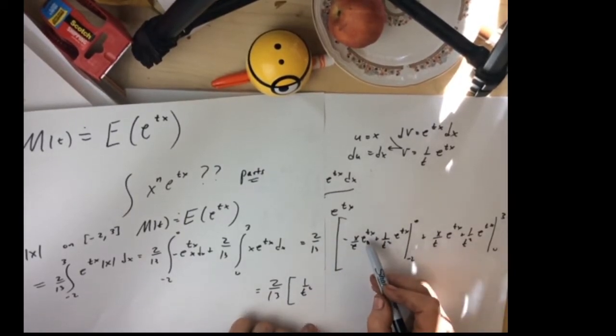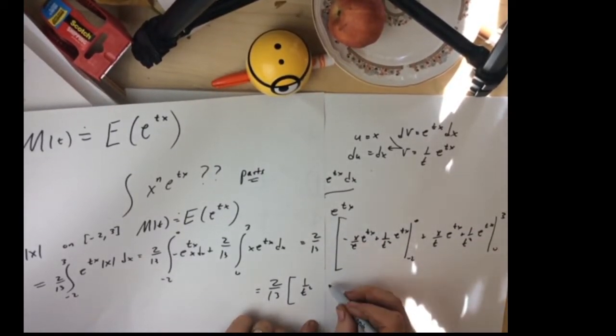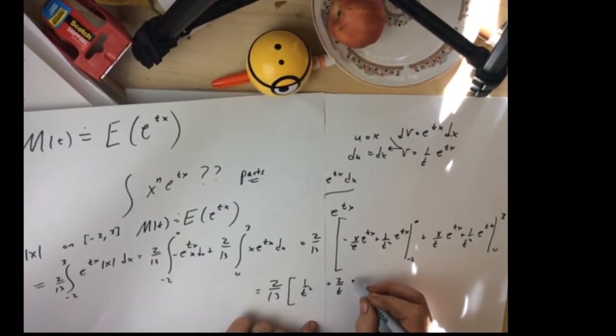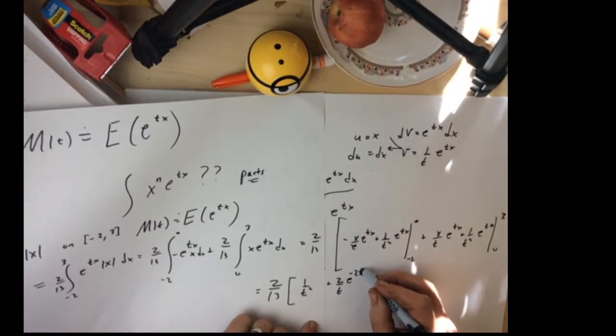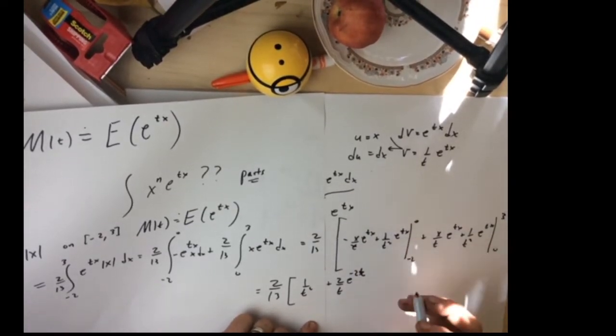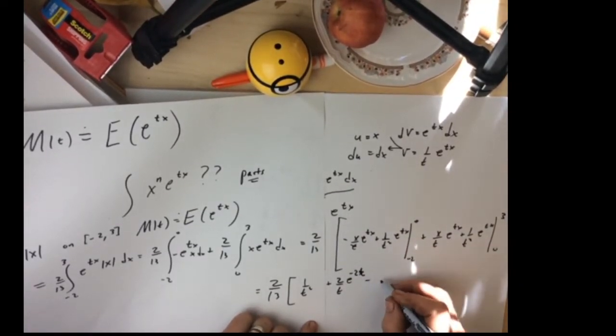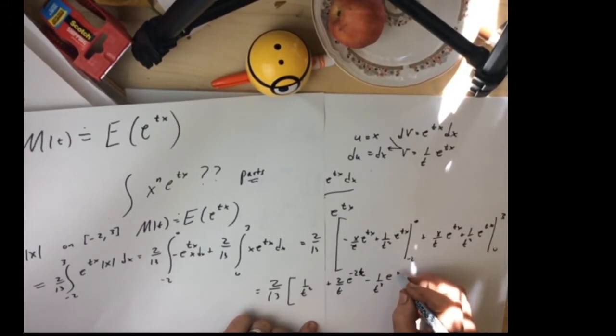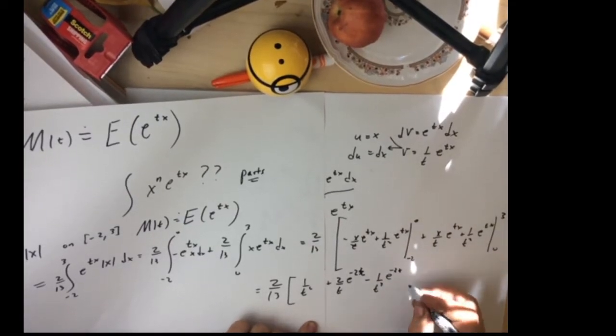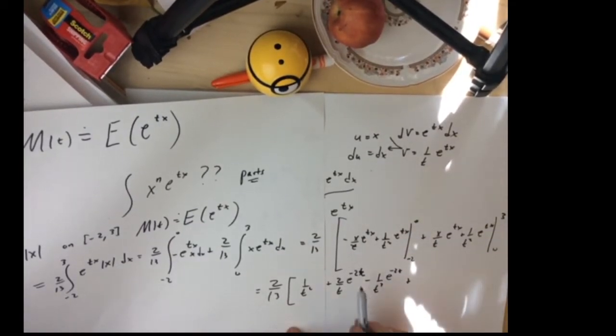Now I put in minus 2, and a minus minus 2 will become a plus 2 over t e to the minus 2t. And minus 2 in there will be 1 over t squared e to the minus 2t.